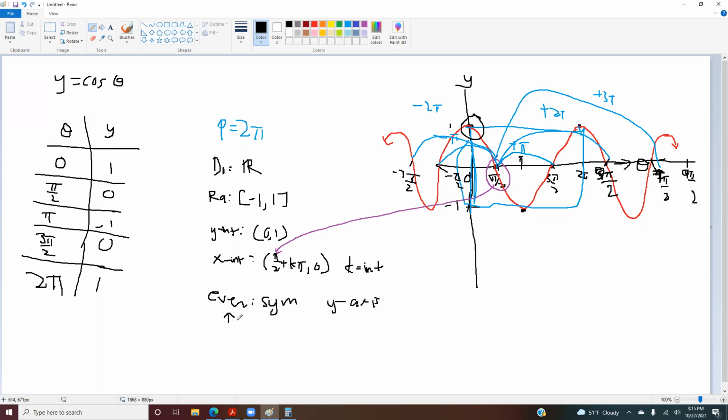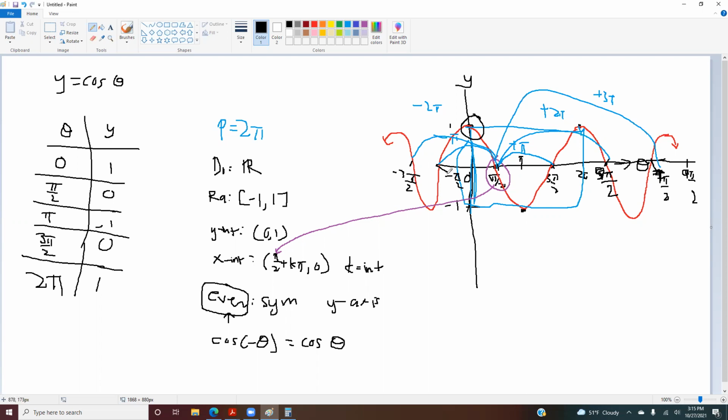And when I say even, it means that if you have a negative, the negative will disappear. So this is the even identity that we talked about just now. This is why this is even, because it's symmetric with respect to the y-axis.